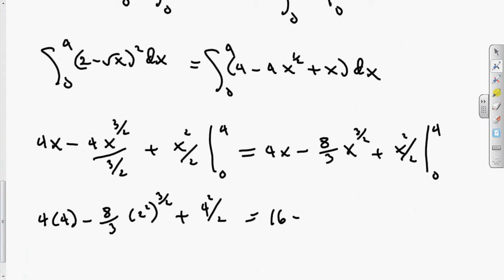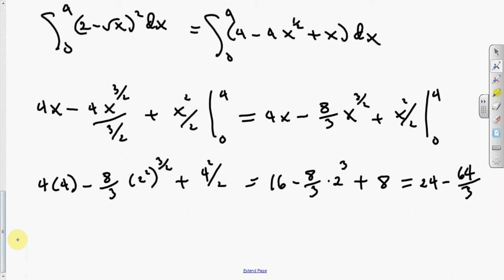So 16 minus 8 over 3 times 2 cubed, plus 16 divided by 2 is 8. So 24 minus 8 times 8, 64 over 3. And you calculate that out. What do you get? 8/3? That's exactly right.